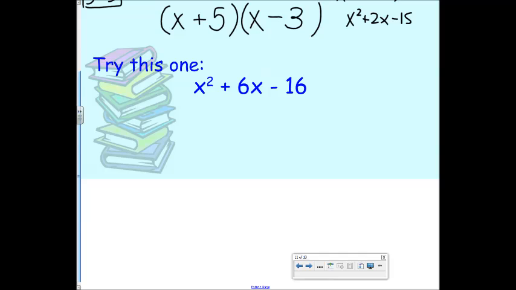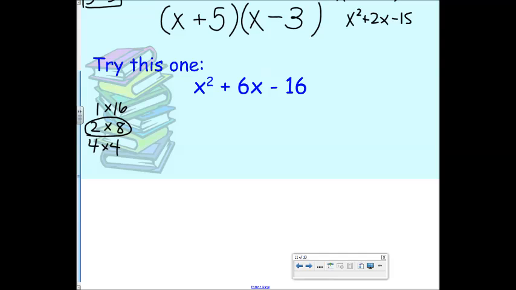Something that adds up to 6 and multiplies to 16. But because it's a negative 16, am I really looking for what adds to 6 or what subtracts to 6? Okay, so my factors of 16 are 1 and 16, 2 and 8. Do I need to keep going? 4. All right, which one is going to be my answer? 2 and 8, because that'll subtract.